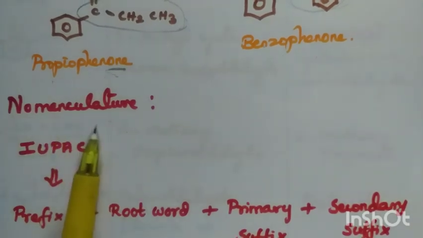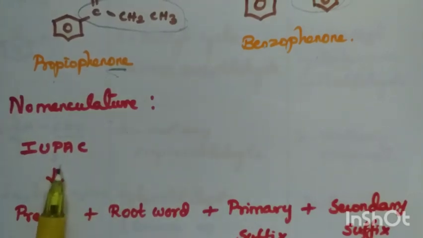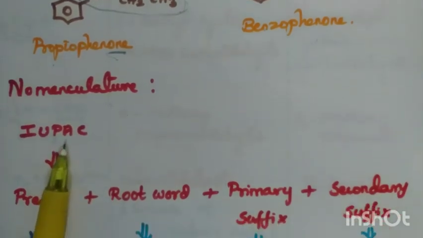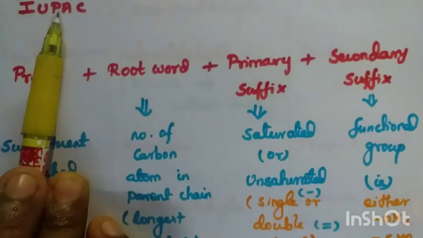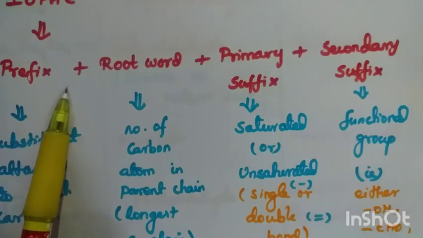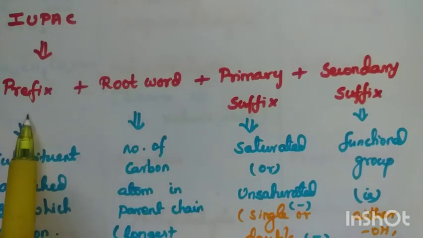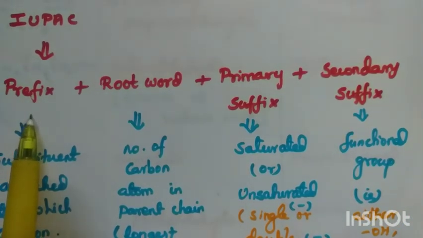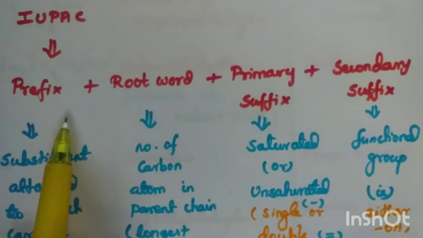Now it is nomenclature. Nomenclature means naming, both common and IUPAC name. For the common name, you have to mention alpha, beta, gamma. For the IUPAC name, numbers. So how to write the IUPAC name? We already discussed it in alcohols, phenols and ethers. While writing the IUPAC name, first you have to write the prefix. What is that prefix? It is nothing but a substituent.